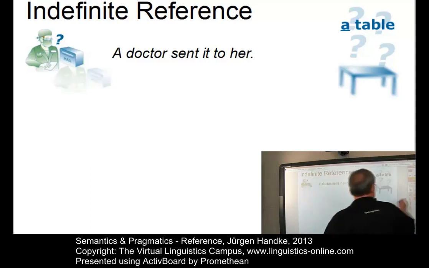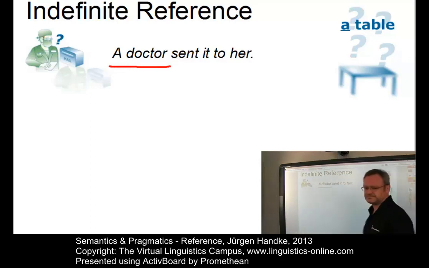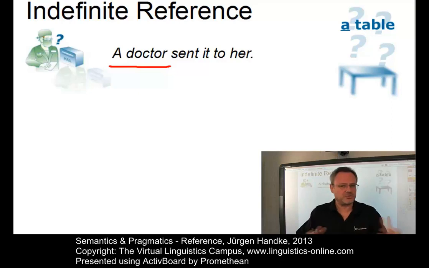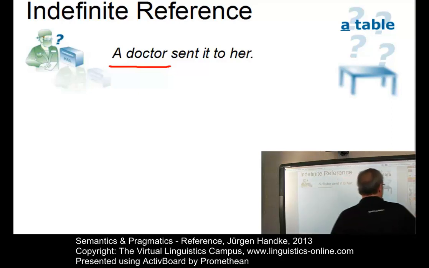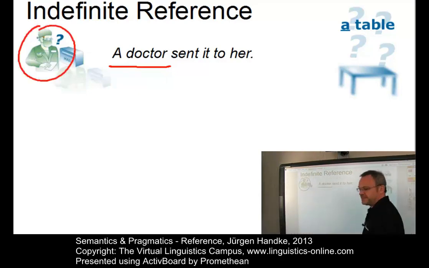Now, the noun phrase, a doctor, is not necessarily identifiable by either the speaker or the hearer. In fact, the identity of the reference is not relevant to the message. To understand the speaker, the hearer does not have to know which doctor is involved. It is not relevant whether either speaker or hearer are actually able to uniquely identify the reference. So it's just any sort of doctor.